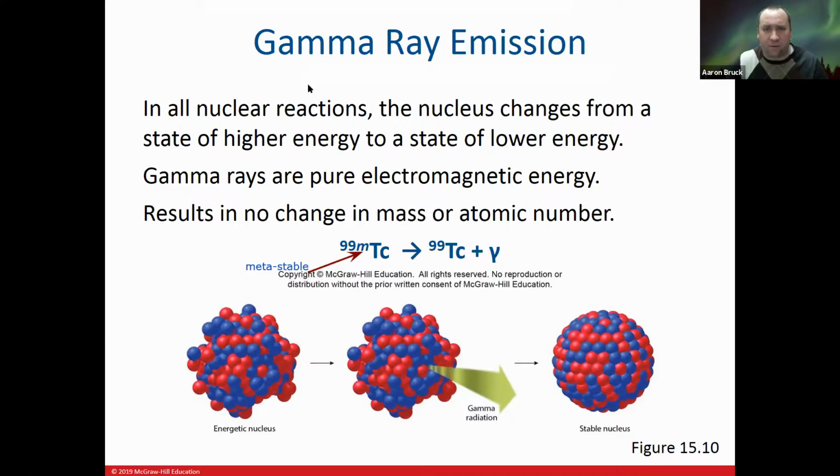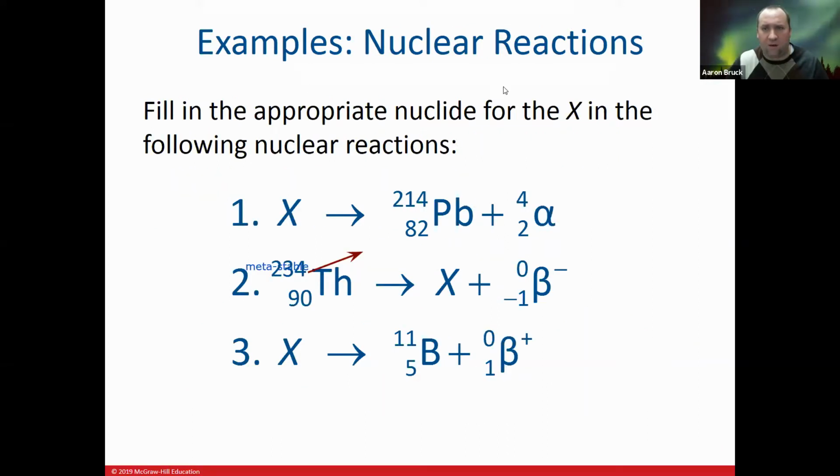Let's do some examples of nuclear reactions and let's solve these problems. So what is component X in each of these? Now, the way to solve these is to keep in mind we need to conserve mass and charge. From a mass standpoint, up top here I have 214 for the lead and 4 for the alpha particle.